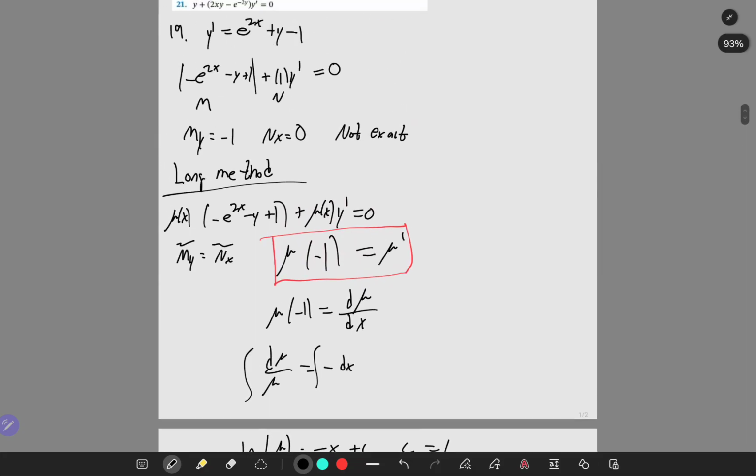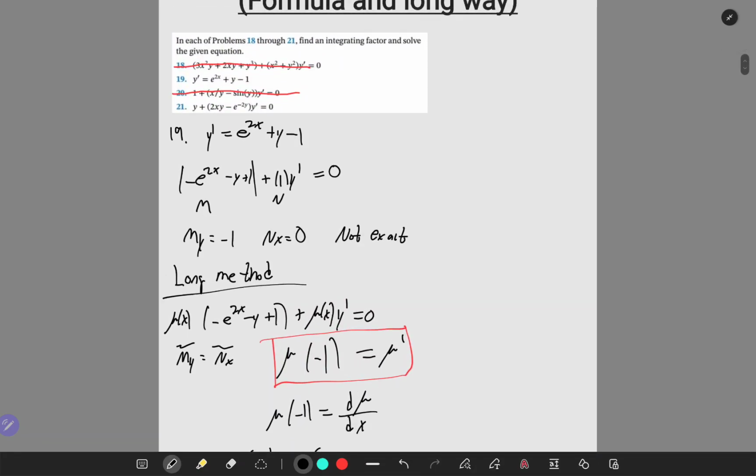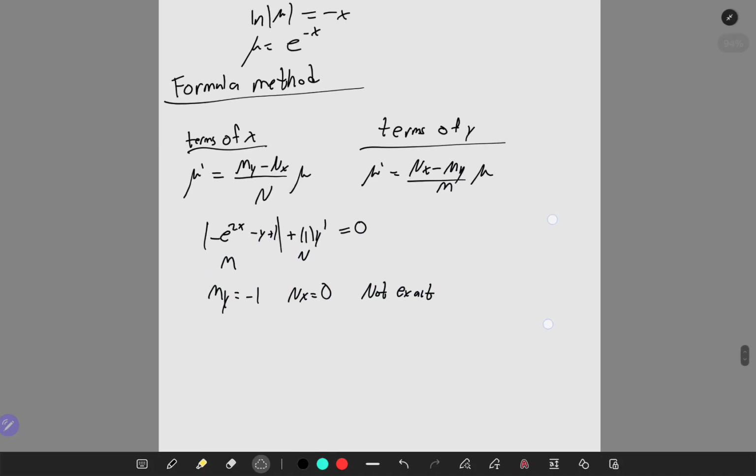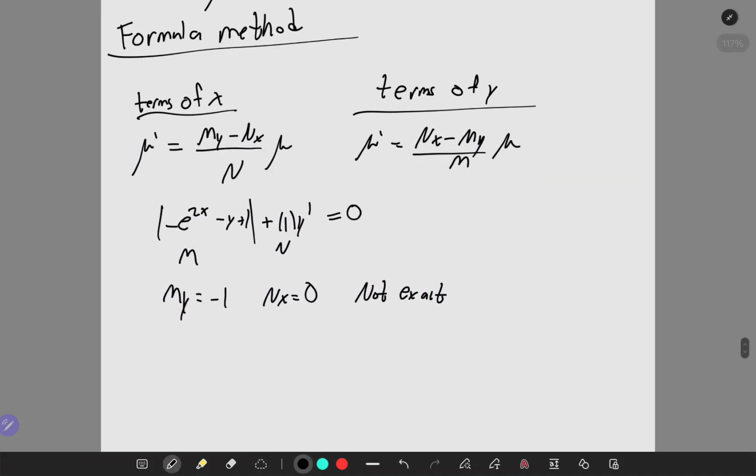So now let's go back. Let me copy this whole section right here actually. Okay. So we're back at this point now. Forget about the log method. Let's look at the formula method. So it's not exact, right? So now let's look at this. Looking at our two formulas, we need it either in terms of x or in terms of y.